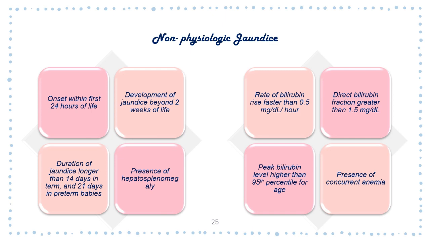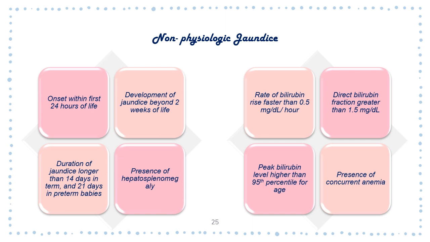If the physical examination reveals hepatosplenomegaly, that is definitely not normal. If the rate of rise of bilirubin is faster than 0.5 milligram per deciliter per hour, that is not normal because it shows that there is an active process going on inside the body which is causing this bilirubin to break down very fast, and it can, of course, become dangerous.